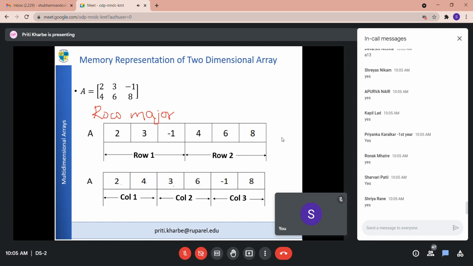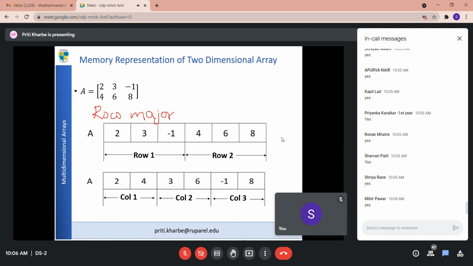In both the cases you will need 6 memory locations only, because the number of elements in the array remains the same whether you save it in row major or column major. But the address of an element will not be the same in row major and column major.